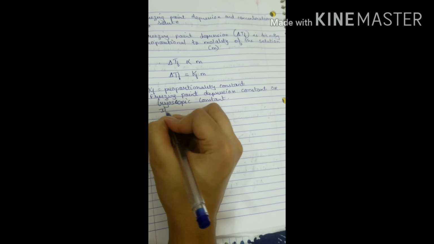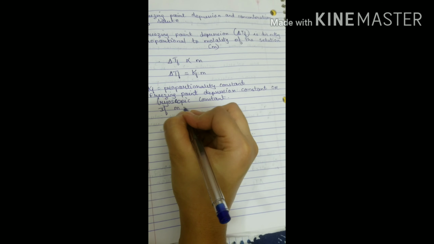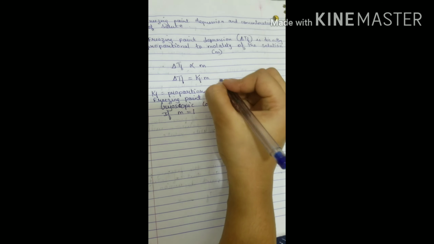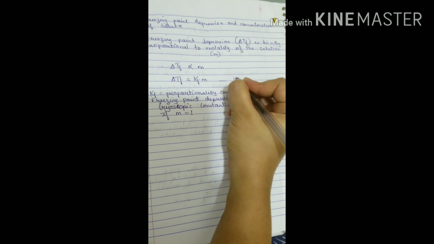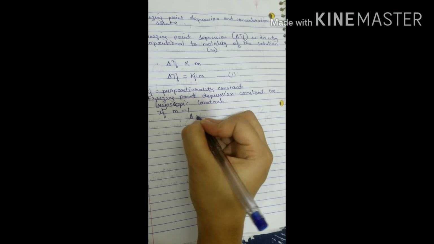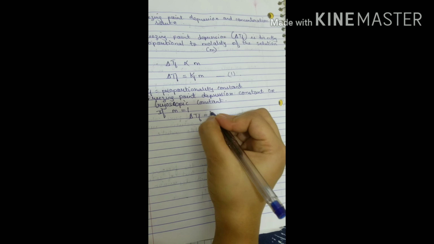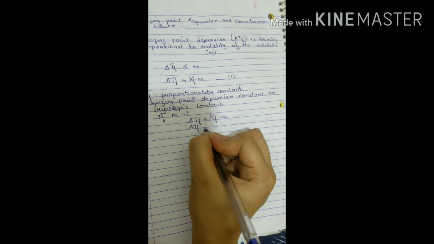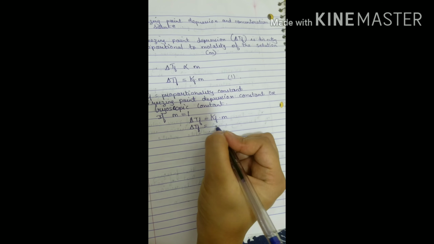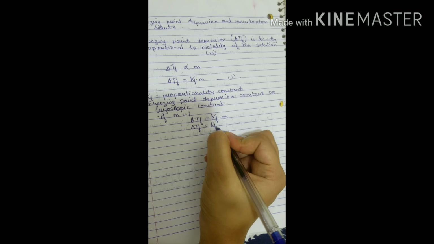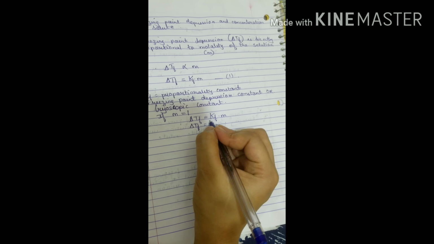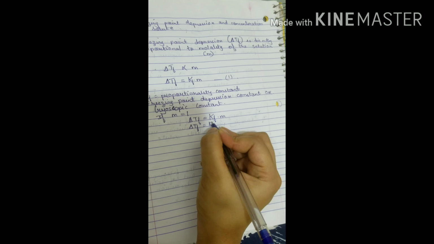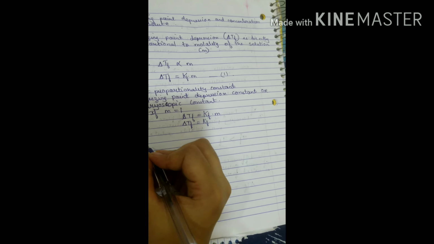Now if you take molality as 1, you can consider this equation as 1. So what form is this equation going to take? It will be delta Tf is equal to, if m is equal to 1, Kf.